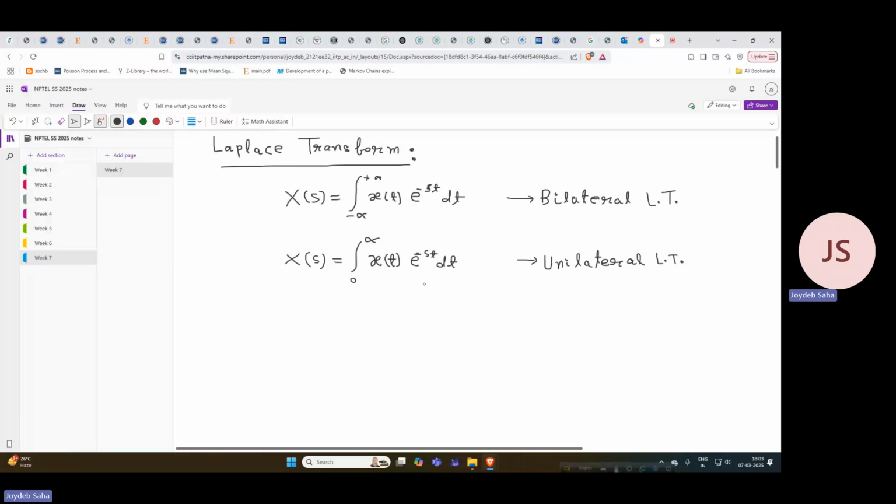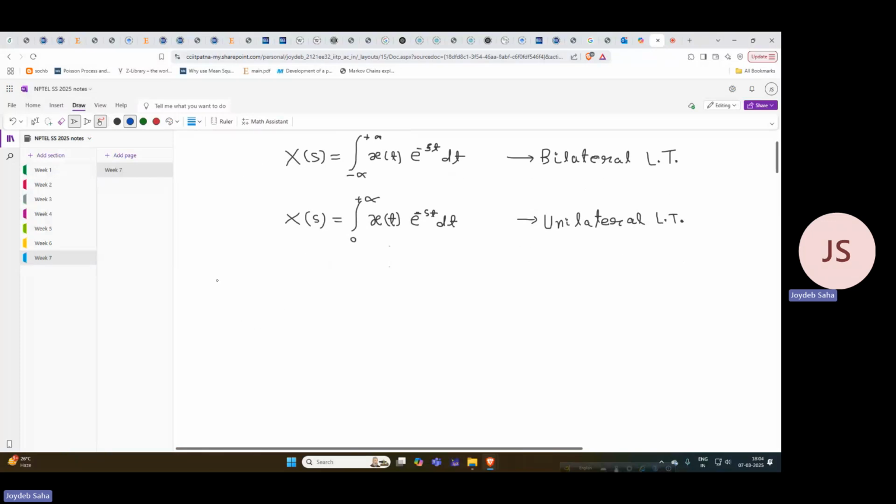And X(s) is equal to the integral from 0 to plus infinite of x(t) e to the power minus st dt. This is unilateral Laplace transform. Fine.